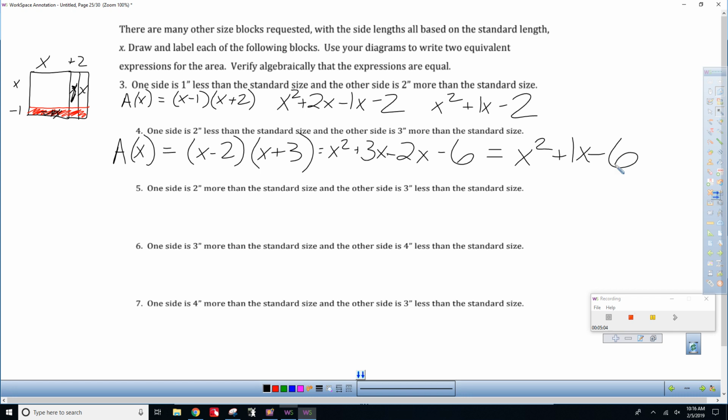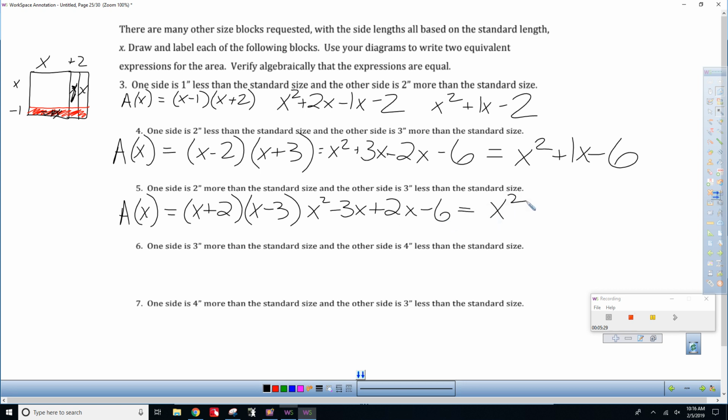Okay? One side is 2 inches more and the other side is 3 inches less. Well, it's going to be different. So X squared minus 3X plus 2X minus 6, so minus 1X minus 6.